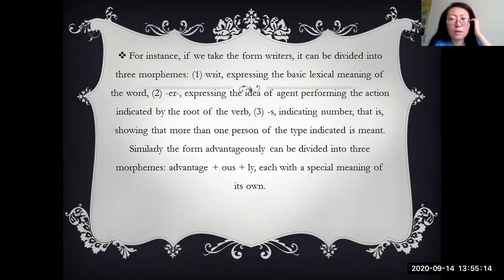The third, ending s, indicating number, that is, showing that more than one person of this type is meant. Similarly, the form advantageously can be divided into three morphemes: advantage plus ous plus ly, each with a special meaning of its own.